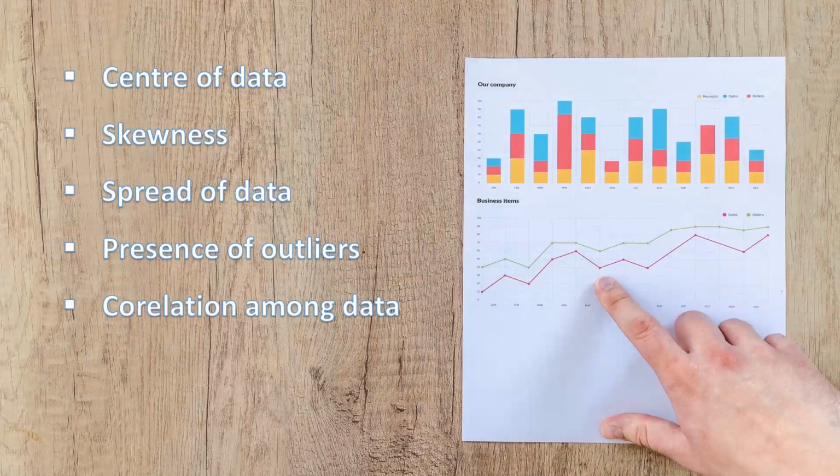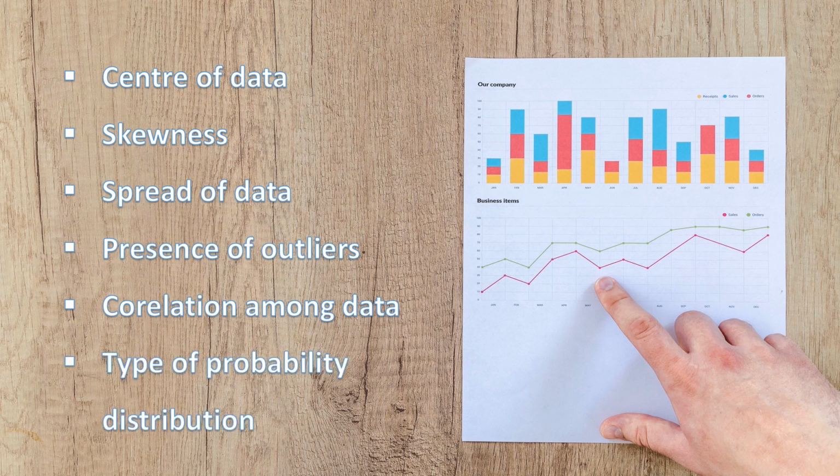So we need to check whether there is a presence of outliers or not, so that we can get close to accurate results. And then correlation among data, we can see whether there is some kind of correlation or not, and the type of probability distribution. So, these were the properties of a data set.